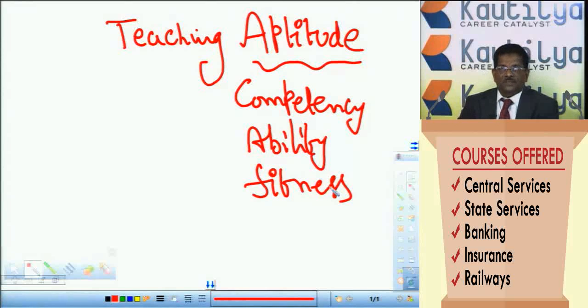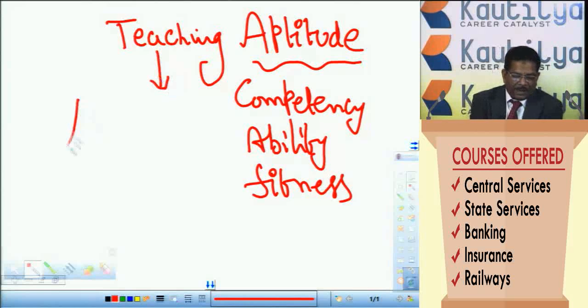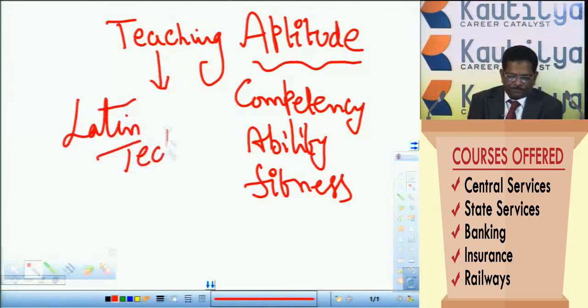We can assess the performance of a teacher simply, which can be defined as the aptitude of the teacher in teaching. Why? Because this word teaching is derived from a Latin word, techno.